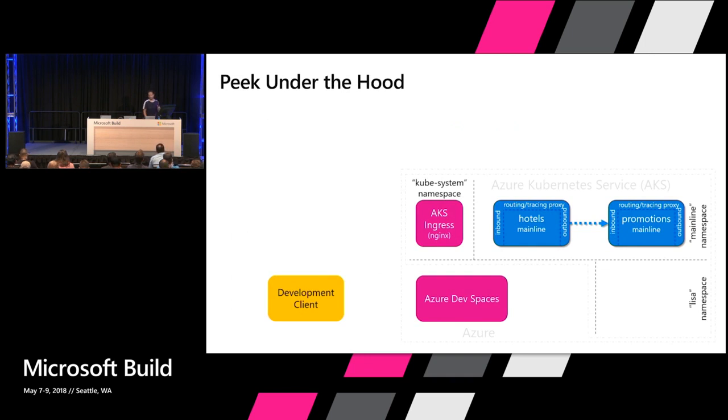Let's peek under the hood of some of the moving parts. On the screen is the development client on the left, whether that's your CLI, Visual Studio, or VS Code. On the right is an AKS instance, and alongside it the Azure DevSpaces service connected to it. Inside, I've got hotels and promotions running in a namespace called mainline.